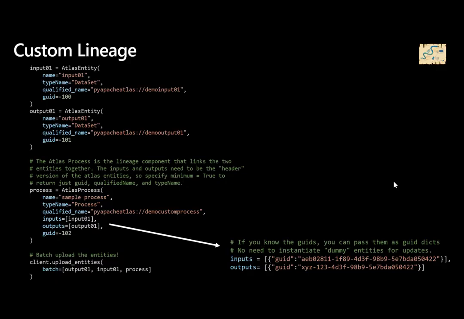So if you want to append one more input or output, or remove one output or one input, then you need to either download the existing process, take the array of inputs and outputs, and then manipulate them, remove or add the object that you don't or do want.